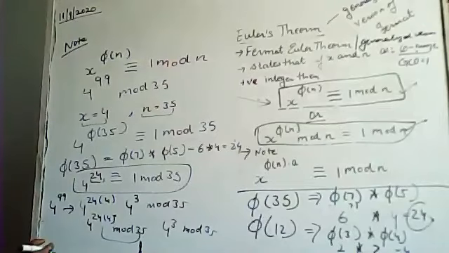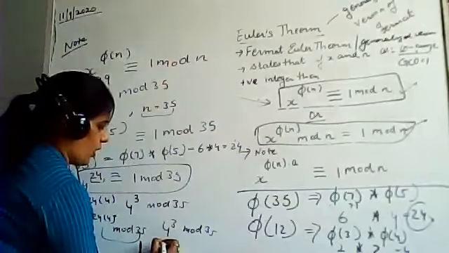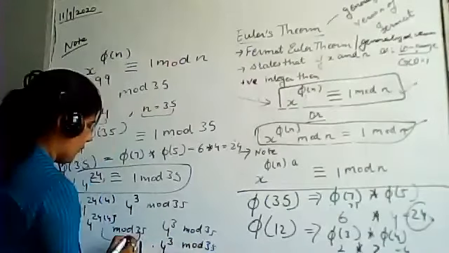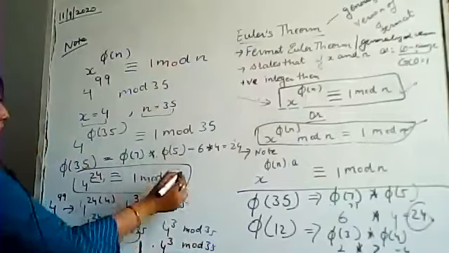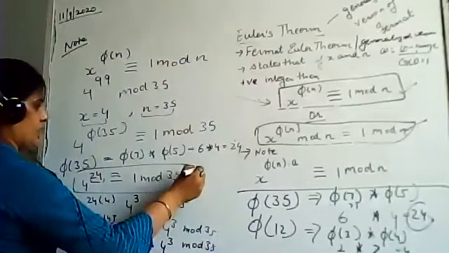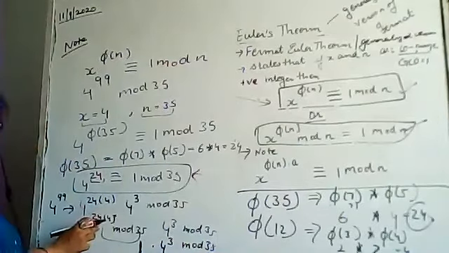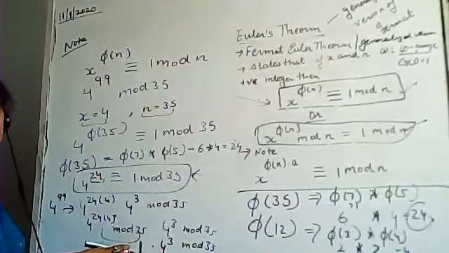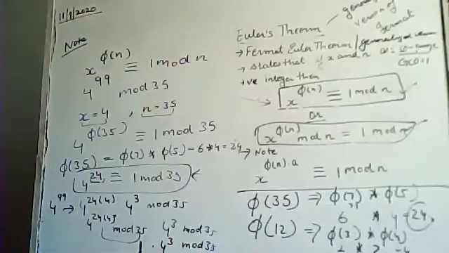Okay. And we will solve this particular thing, 1^4 times 4^3 mod 35. From where am I getting this 1? From this particular equation. And 4 is a multiple of this 24, so that means this will also give you the answer 1 over here. So finally, we will solve this particular thing.